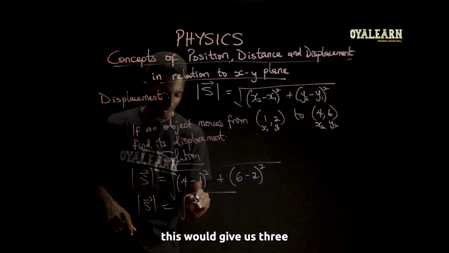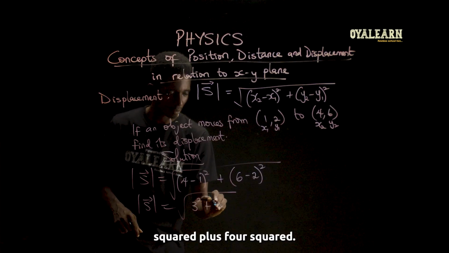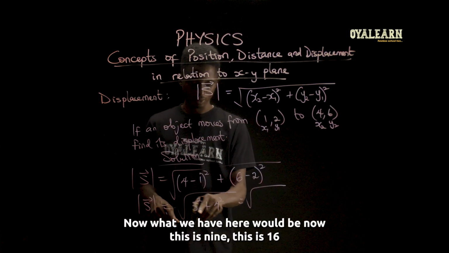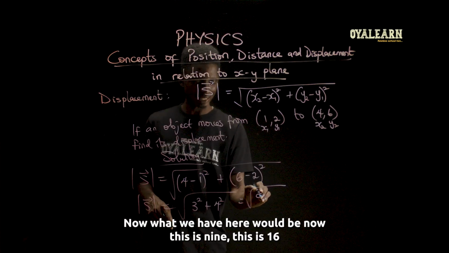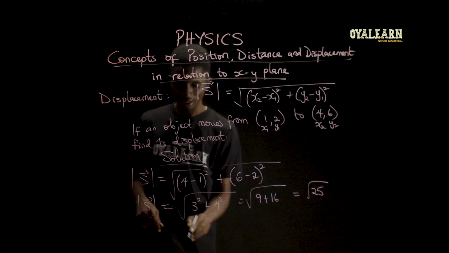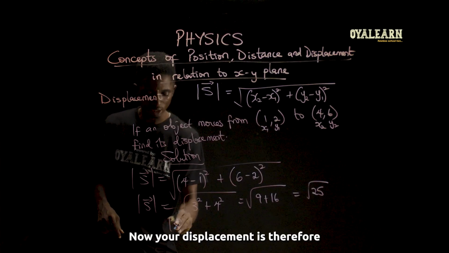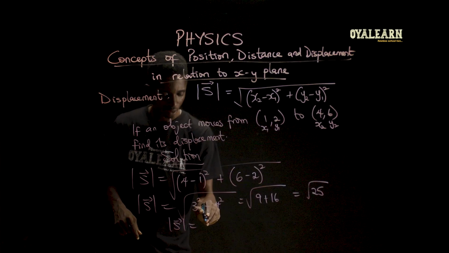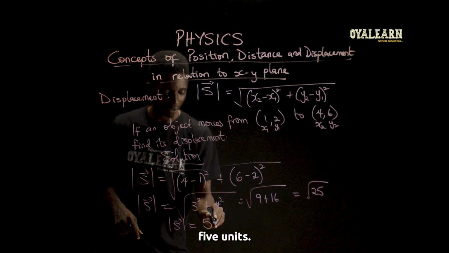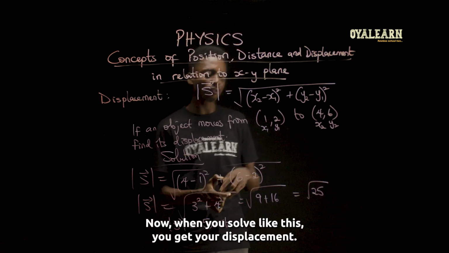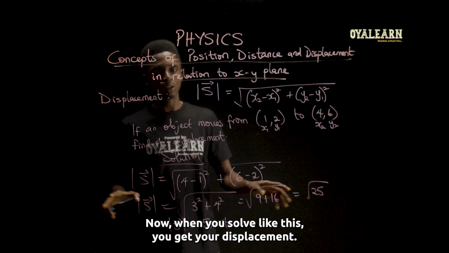This would give us 3 squared plus 4 squared, which is 9 plus 16, which gives you 25. Your displacement is therefore 5 units. When you solve like this, you get your displacement.